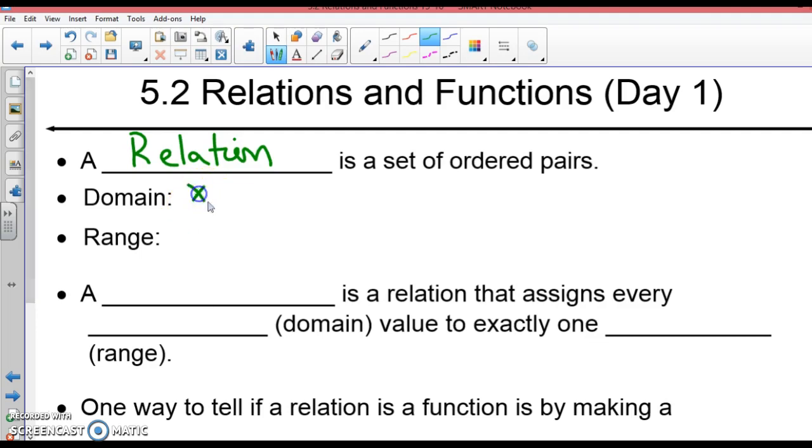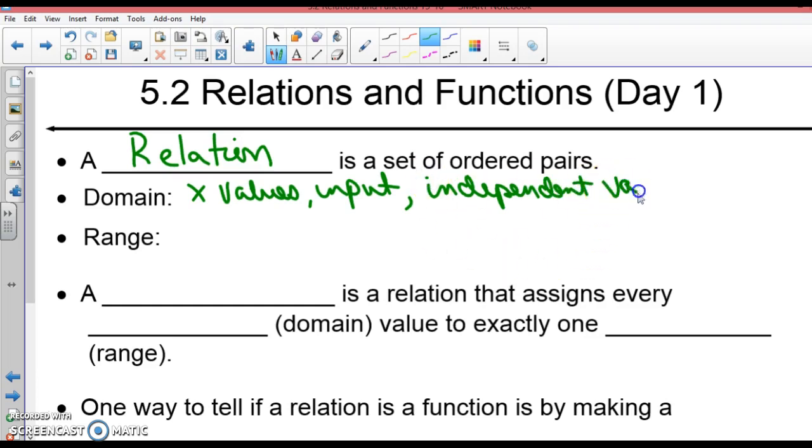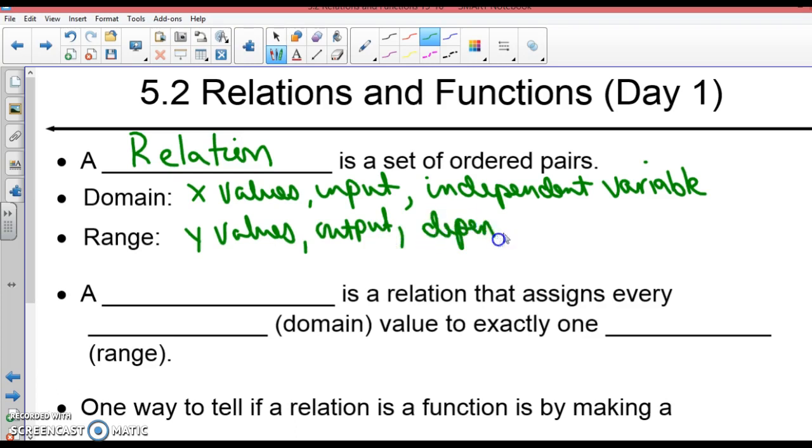Domain are the x values, which are the inputs or the independent variables. The range is the y values, which is the output or the dependent variable.